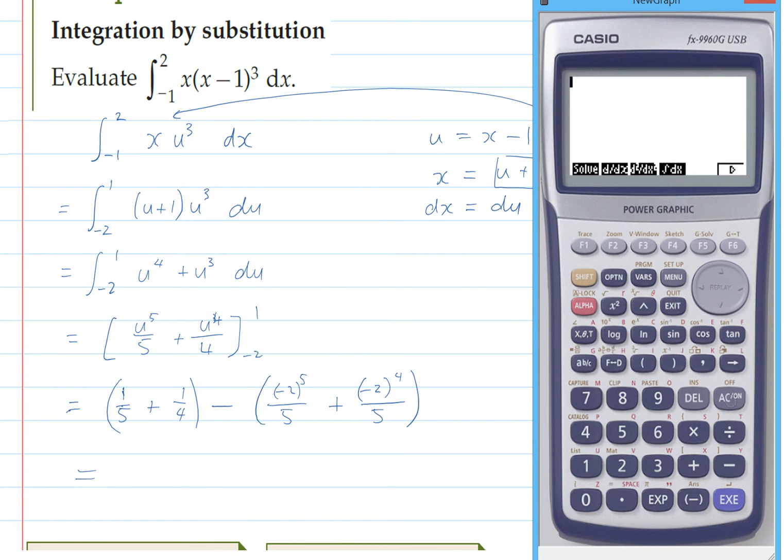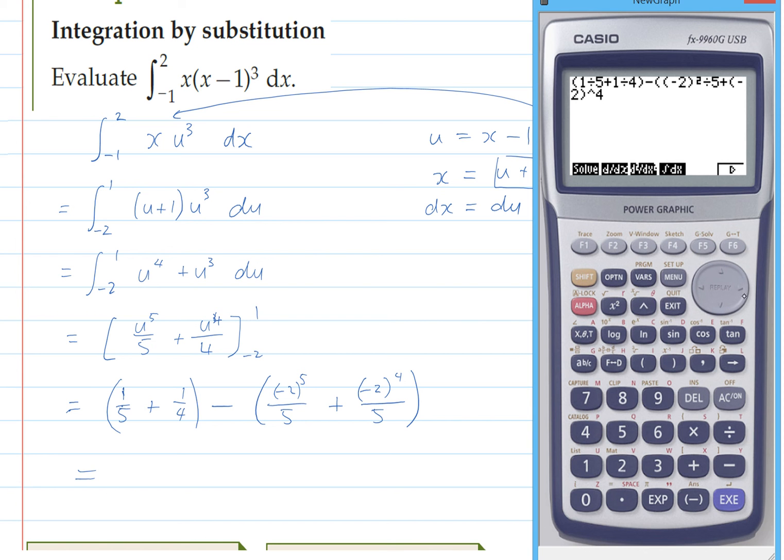Okay, so we have 1 over 5 plus 1 over 4 minus negative 2 squared over 5 plus negative 2 to the 4. And I realise I made a mistake back here.